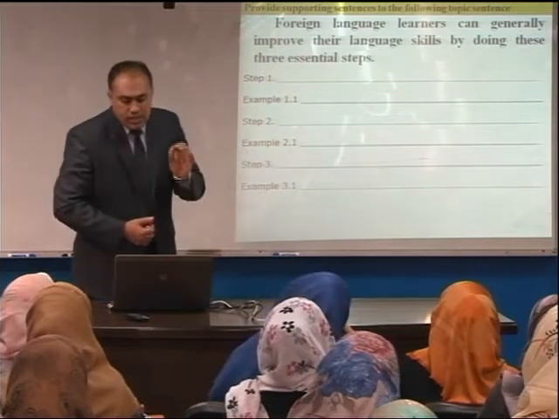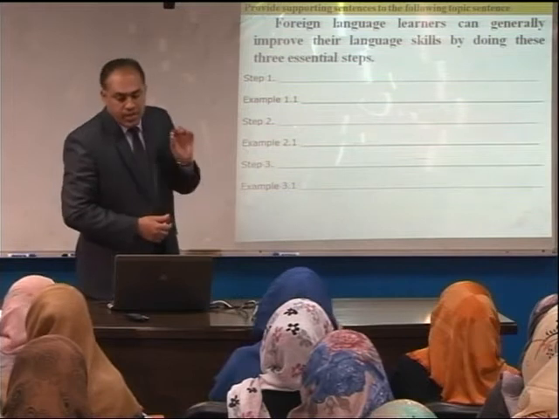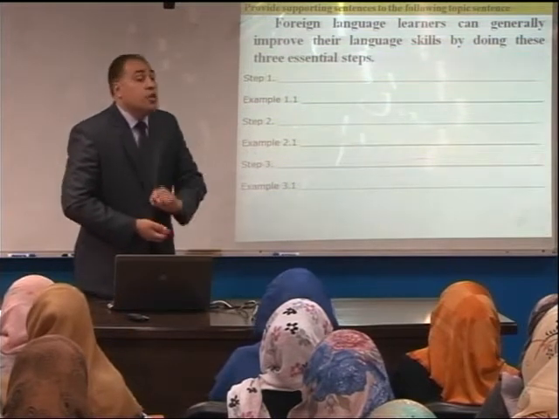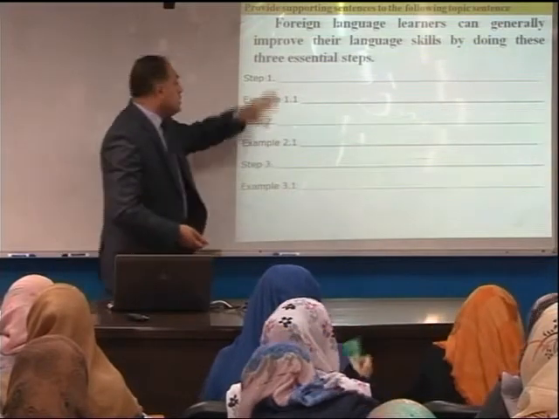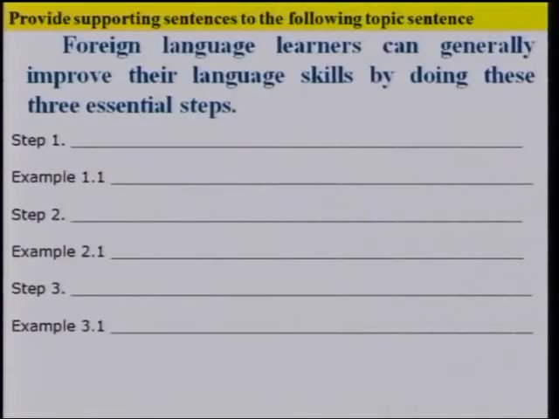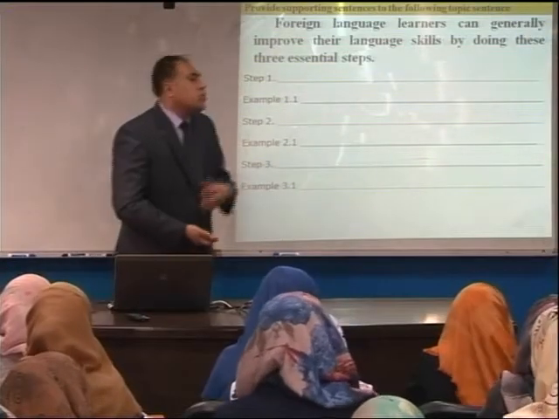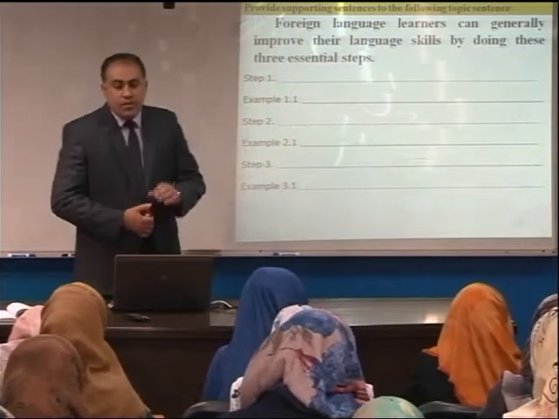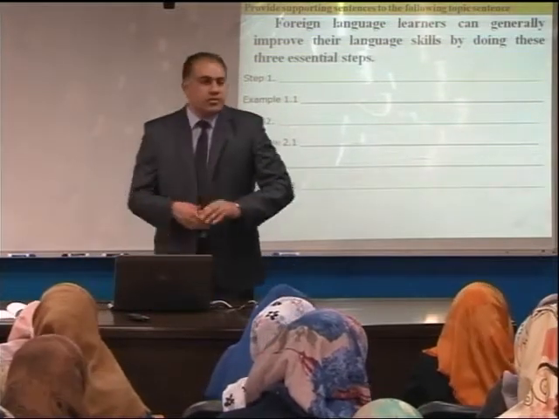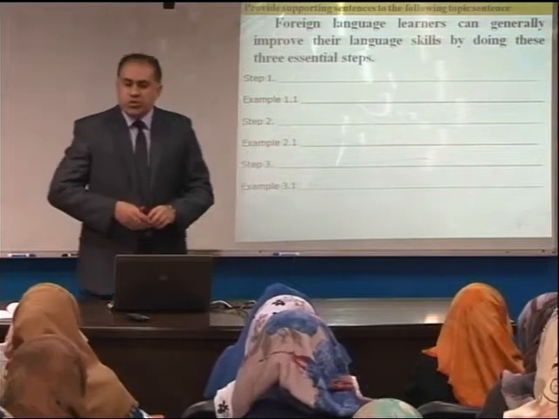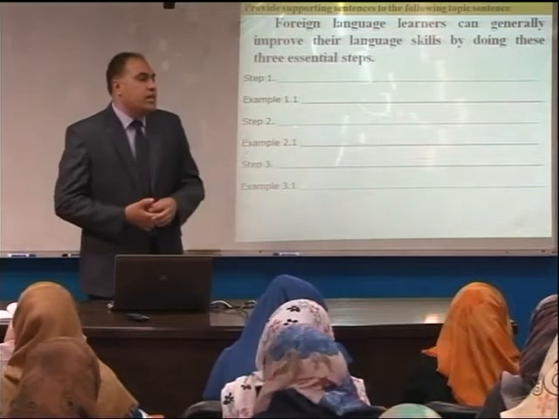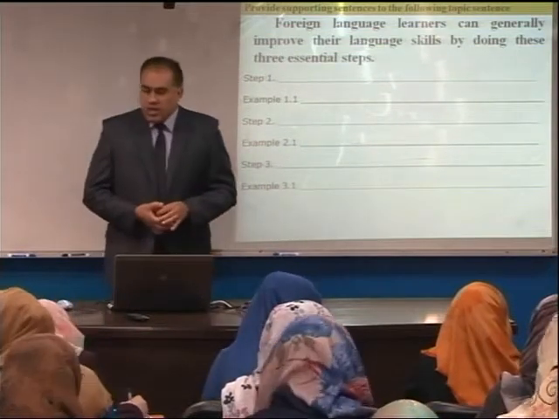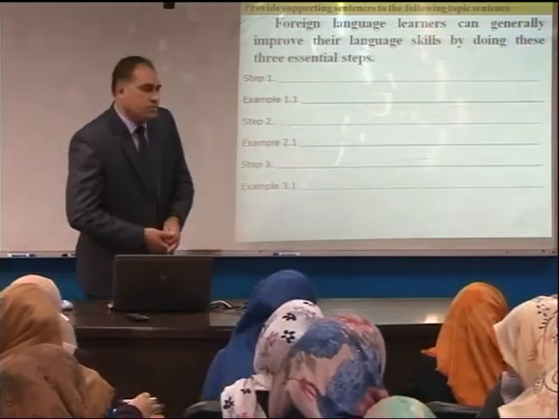What does it say? It says, foreign language learners can generally improve their language skills by doing these 3 essential steps. What I'd like you to do is to write these 3 steps, and for each one of these steps, write one example to clarify your idea further. All right? Very quickly, you can work together. Actually, you can help each other. Work in pairs and think and write the 3 reasons and an example for each for this topic sentence.